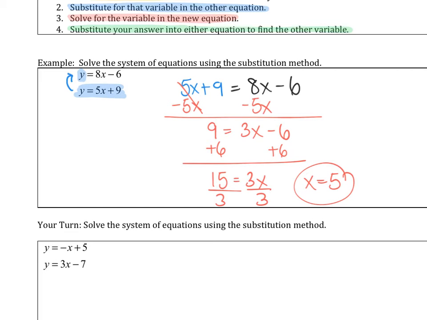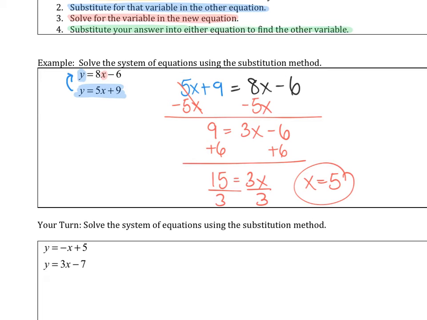Now in order to get our final solution, we need to figure out what y is. This x equals 5 can plug into either of the first two equations. In this case, I'm going to plug it back into the first equation just because it's the first one there.